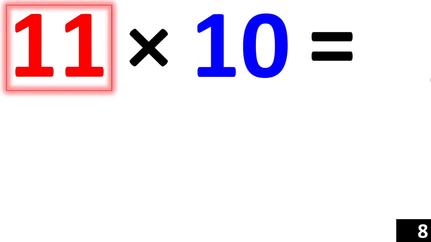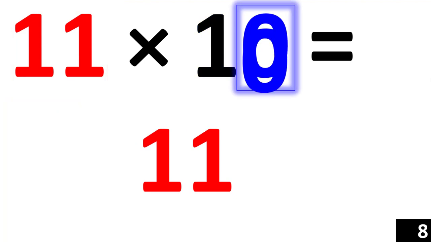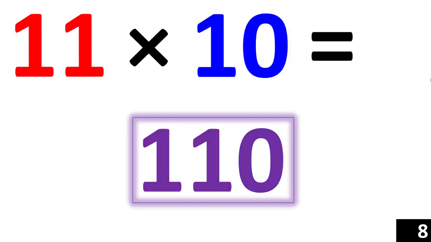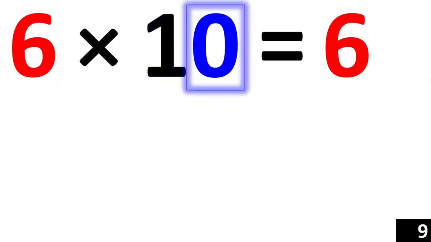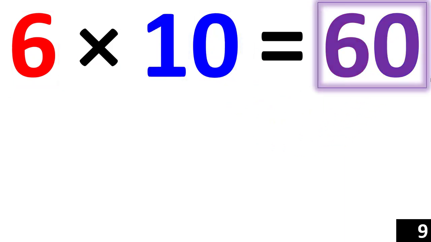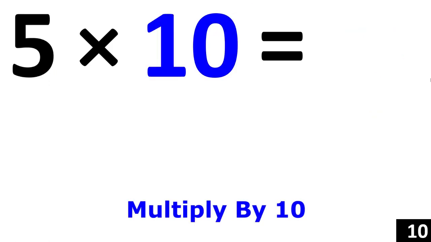11 times 10 is an 11 with an added 0, which is 110. 6 times 10 is a 6 with an added 0. That would be 60. 5 times 10. Any number times 10 is that number with an added 0.